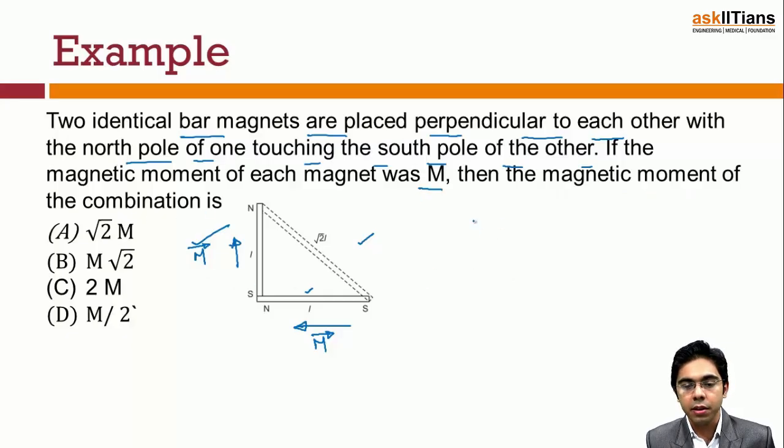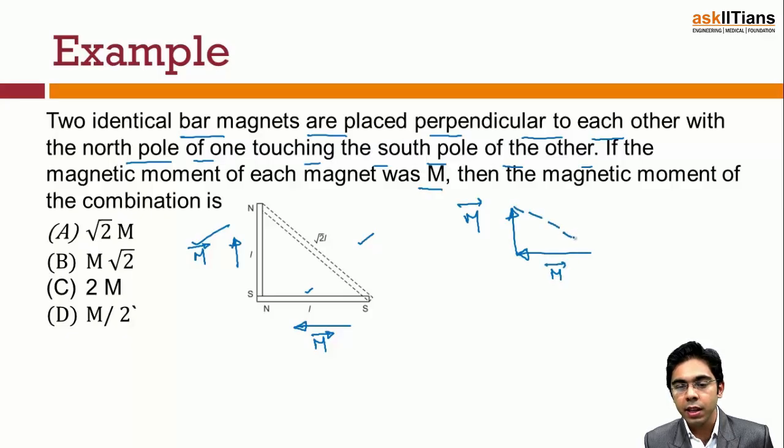Now if we make the figure, it looks as if the magnetic moment is in this direction, M vector, and in this direction. So we have to add these two vectors by the vector law of addition. We can add it with the triangle law of addition. So this is AOB. If we need to find the AB vector by the triangle law, it comes out to be OA vector plus BO vector. So this will be M vector.